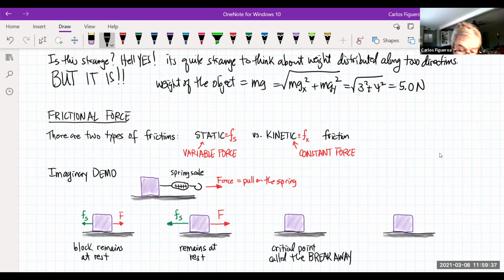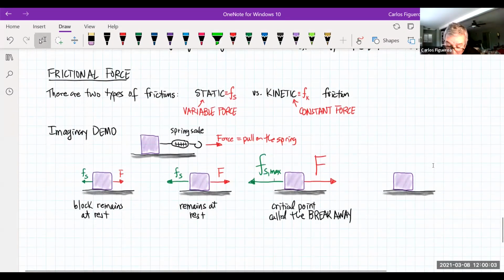And what you're finding here is that the force now is just about to really break through the friction, but it's not moving yet. It's at that critical point. And so you've now reached what we call maximum static friction.